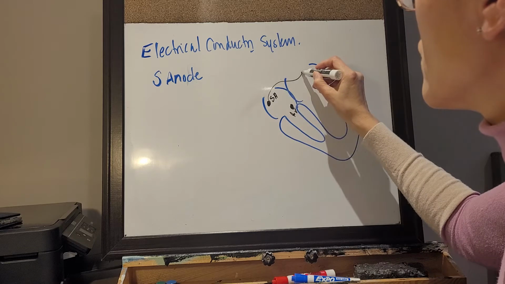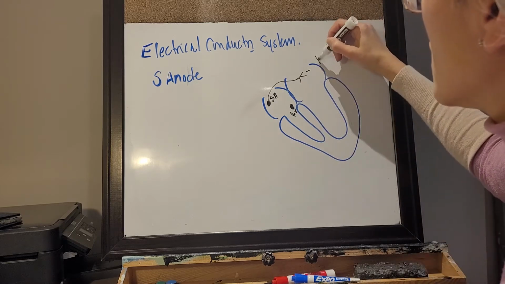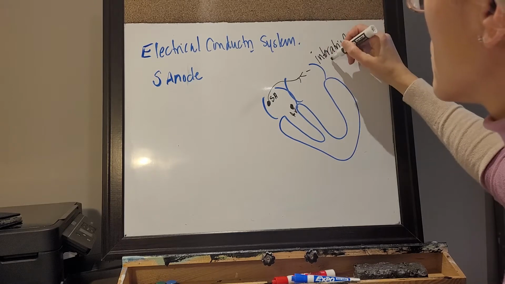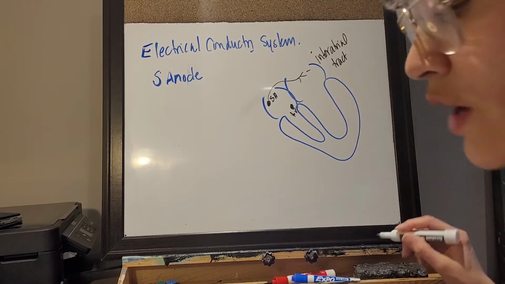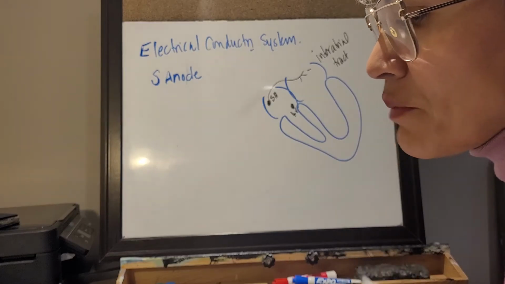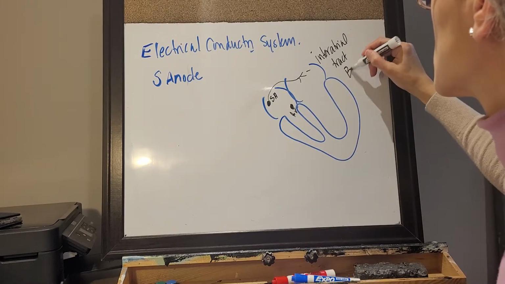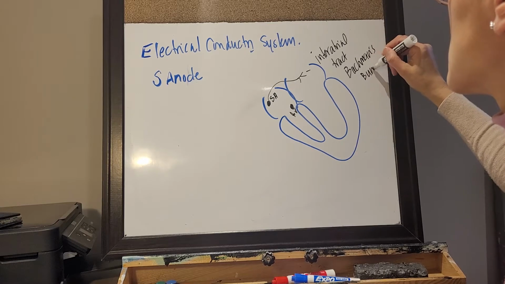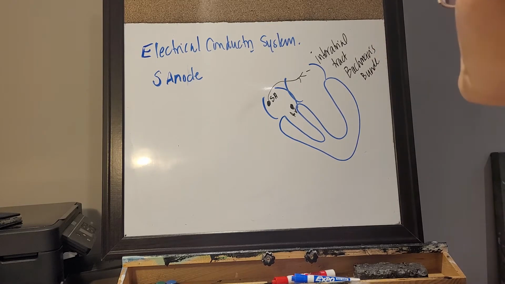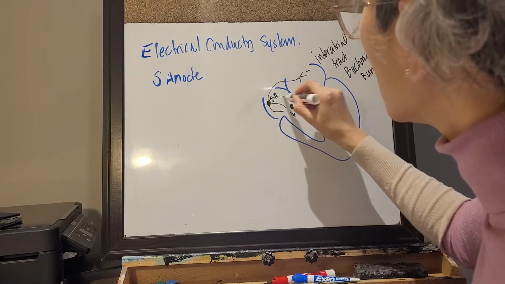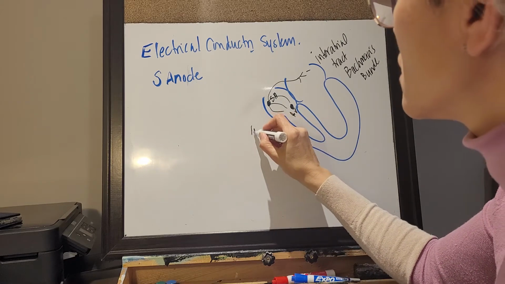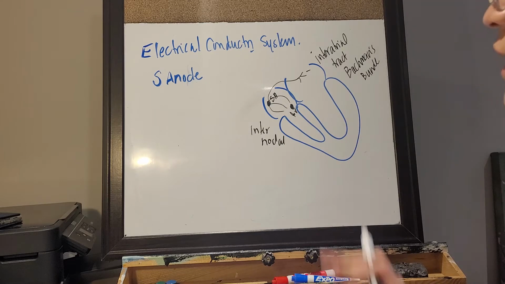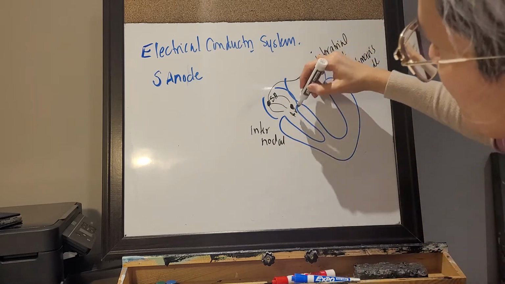So we have interatrial tracts, and that one's called Bachmann's bundle. Okay, and then we have internodal tracts, because they run between nodes.